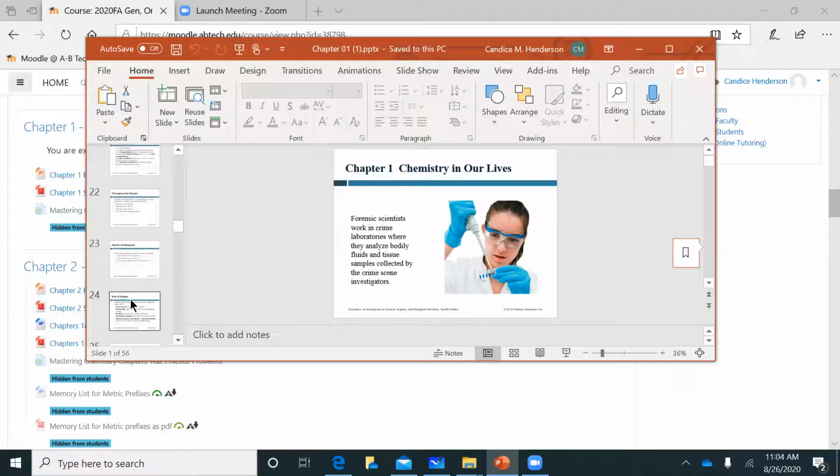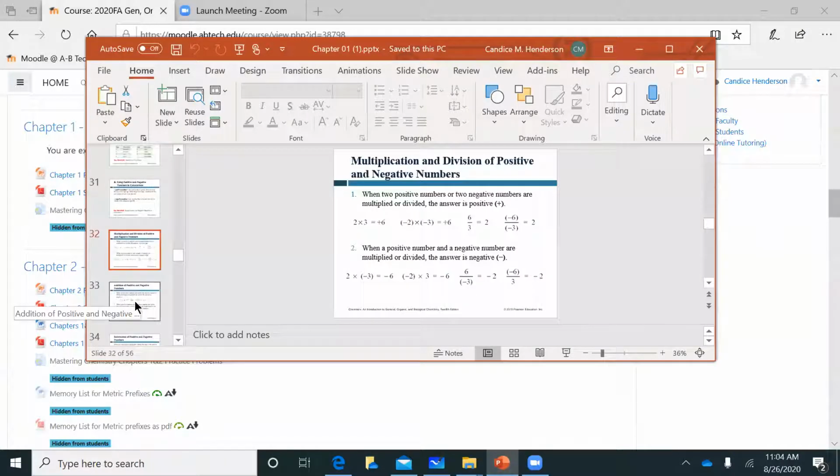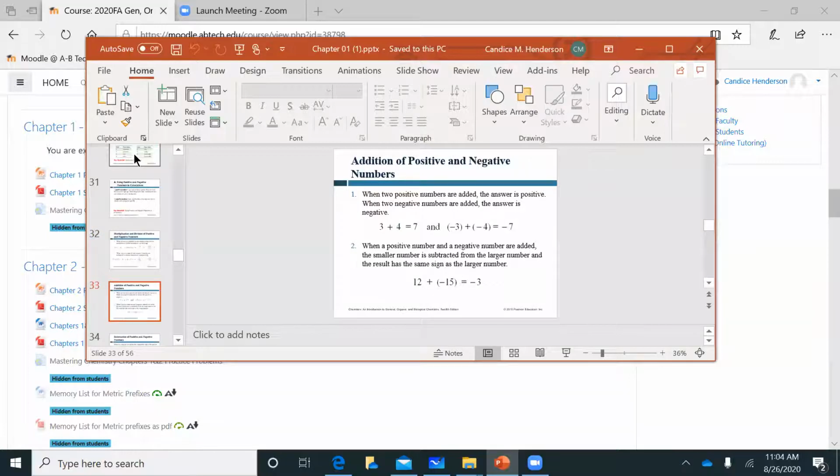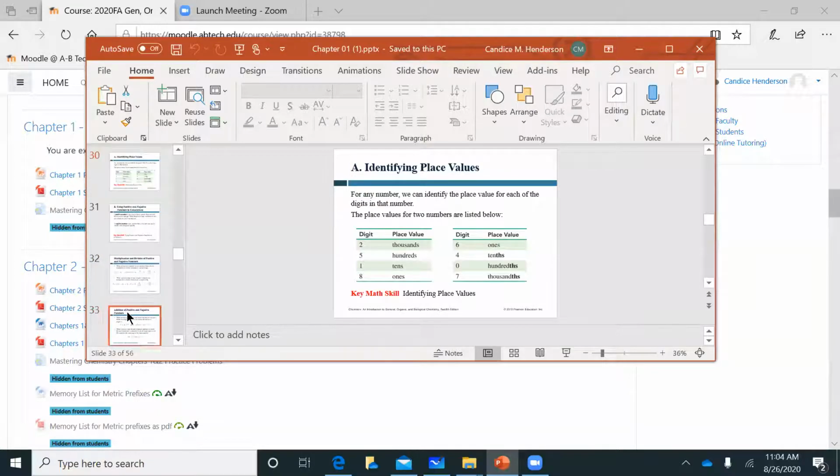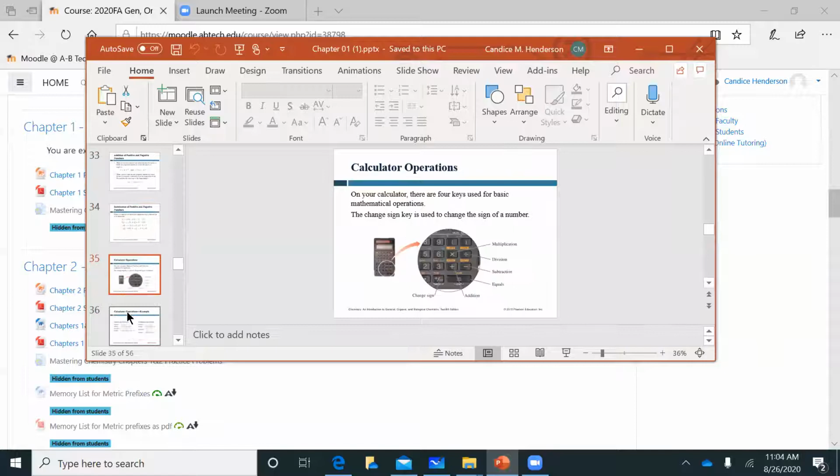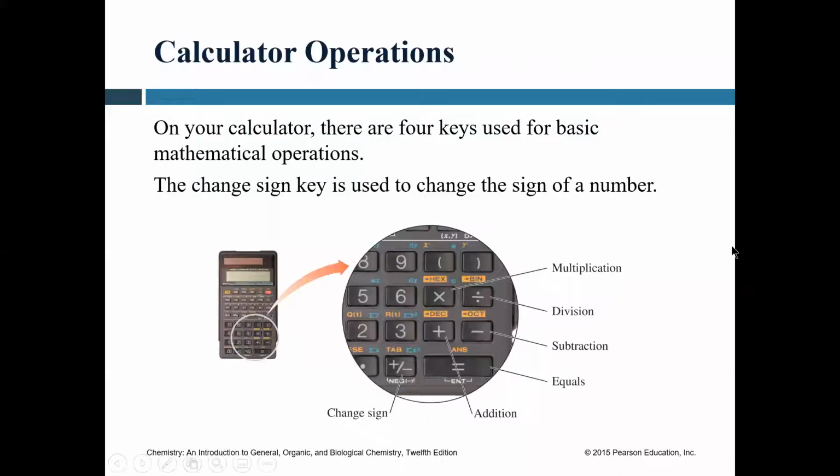All right, so we had talked about isolating variables last time. Okay, calculator operations. This is sort of a no-brainer, but multiplication, division, addition, subtraction, and making something negative or positive.